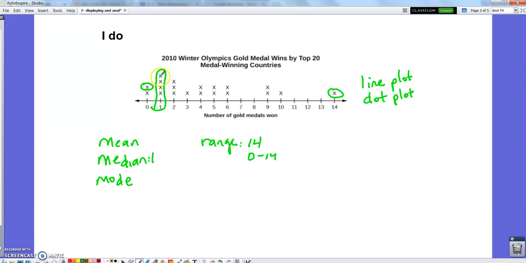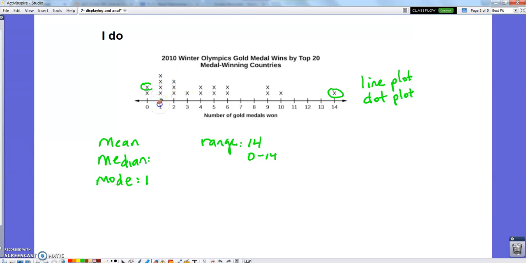And I can see that very easily because it has the most, excuse me, has the most X's above it. And you can just see that it's the tallest. So that's really nice. So the mode's, I'm sorry, that's the mode, not the median. So the mode's really, really easy to find from a dot plot, or a line plot.